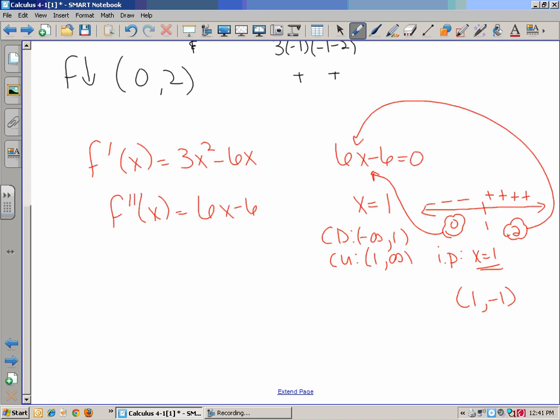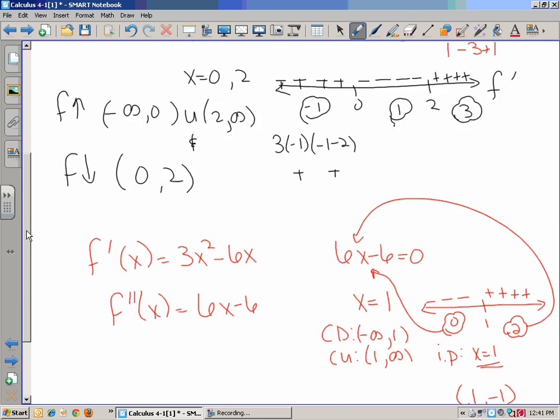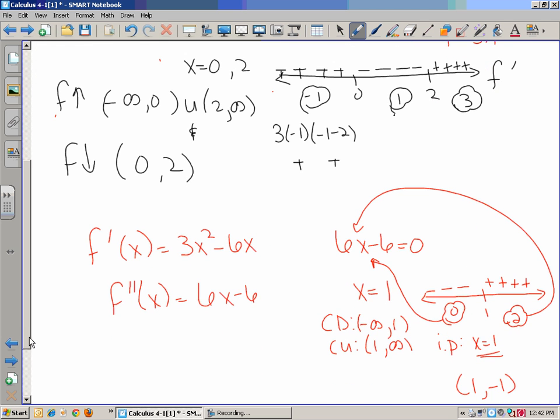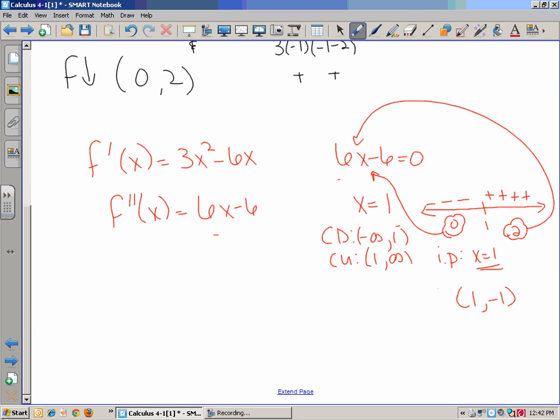Okay? So those are going to be the 5 steps you have to do. Find the first derivative. Set it equal to 0, sign chart. Find the second derivative. Set it equal to 0, sign chart. Last thing, determine if you have an inflection point. Okay?